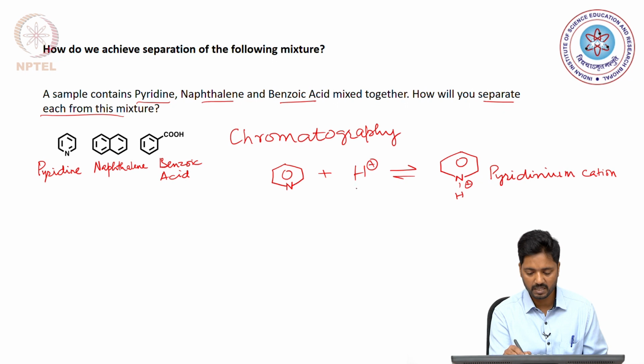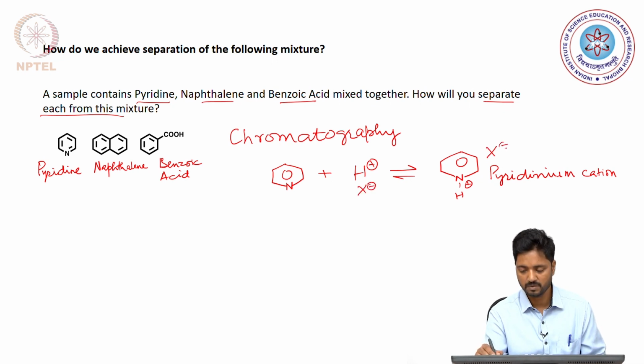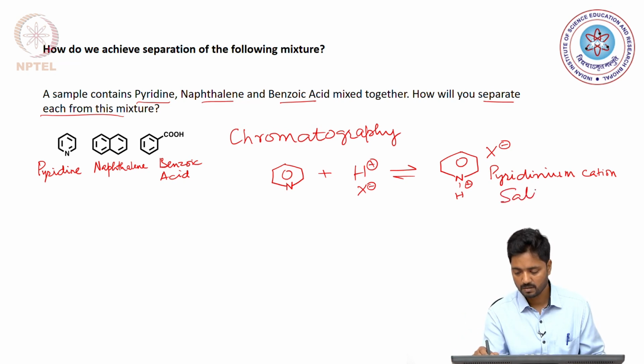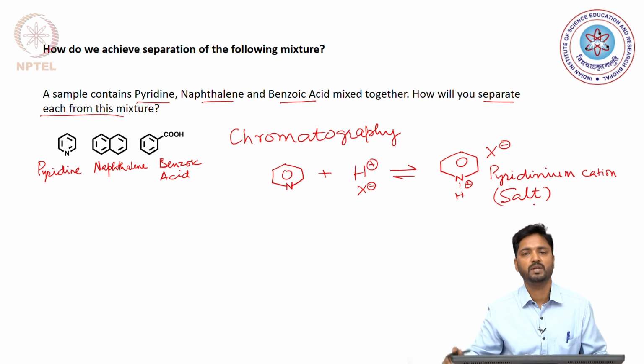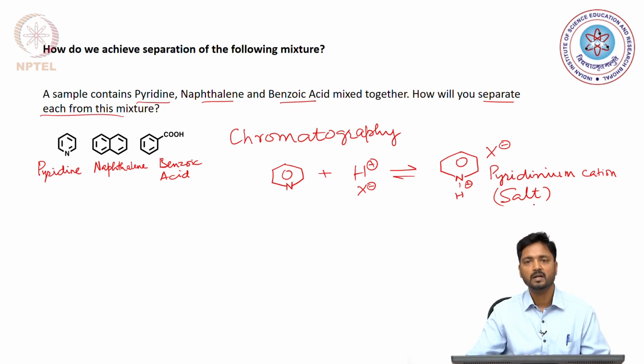And typically an anion will also be associated, so this will become a salt, and as we know, these salts have decent solubility in aqueous medium. So, we can utilize acidic conditions to move pyridine from an organic medium to an aqueous medium.